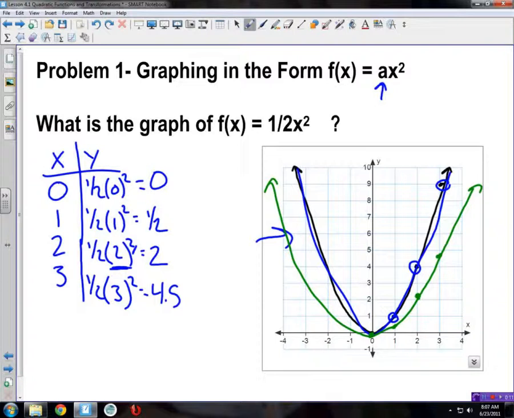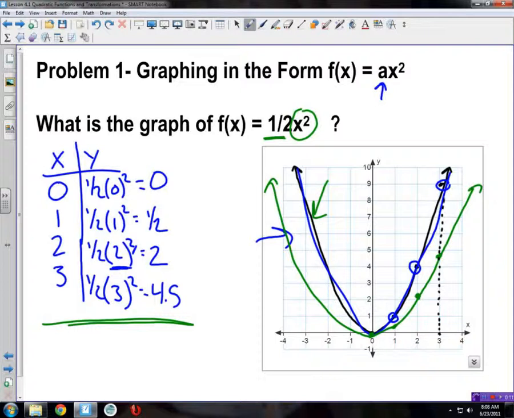Now, doing it this way is something we could do every time, even if we don't know how to graph something through different types of tricks and stuff like that. But if we look at what we've done here, we've taken the parent function, which is this black line, and we've cut it in half. So basically, if I look at any place on this graph, let's look at 3 here.